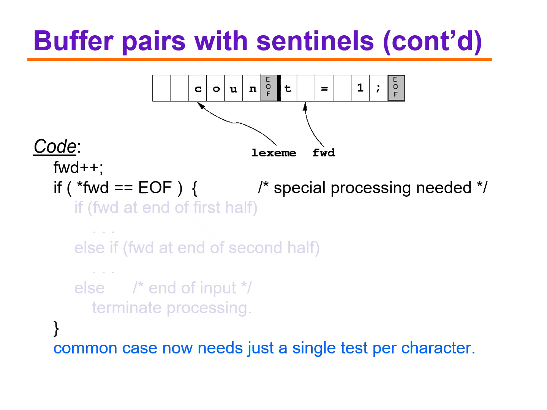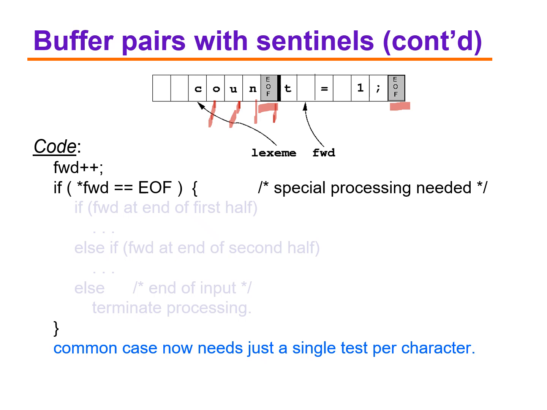In the first half of the buffer we have a sentinel called EOF, and for the second half of the buffer we have a separate sentinel called EOF. The lexeme beginning pointer starts, and the forward pointer looks ahead one character at every move, moving towards the end.